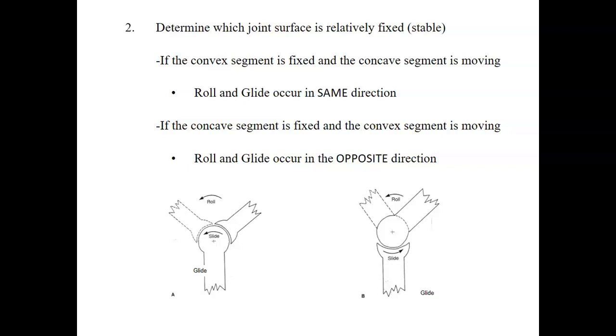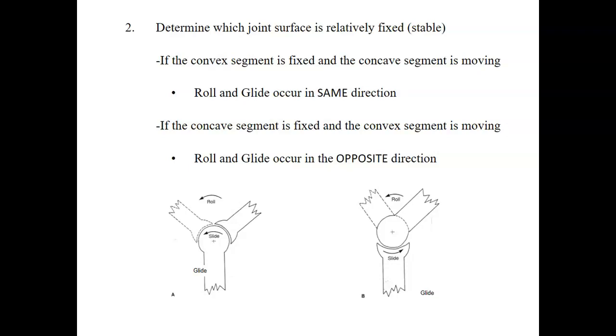If my concave segment is fixed, so with the femur, in the knee, which segment is fixed, the tibia or the femur? The concave is fixed, so the tibia is fixed. So I'm moving the femur on the tibia. So if I'm in standing and I go to sit, which direction is my femur moving in?